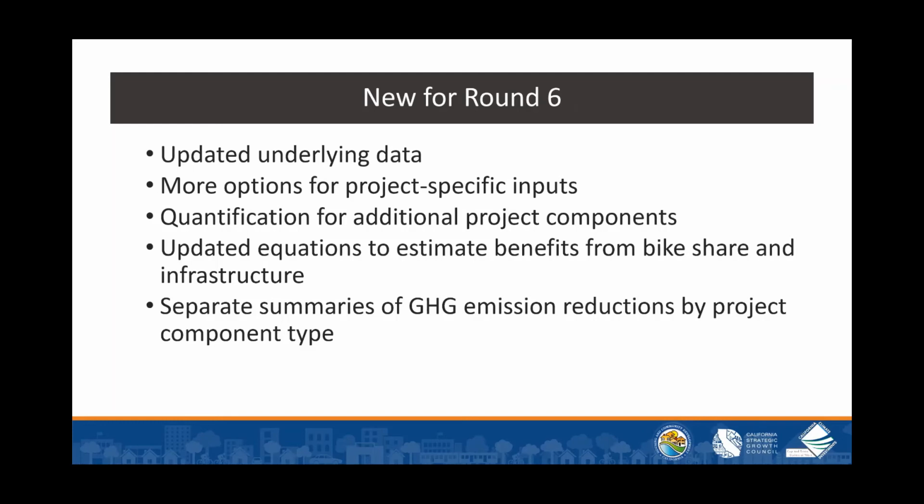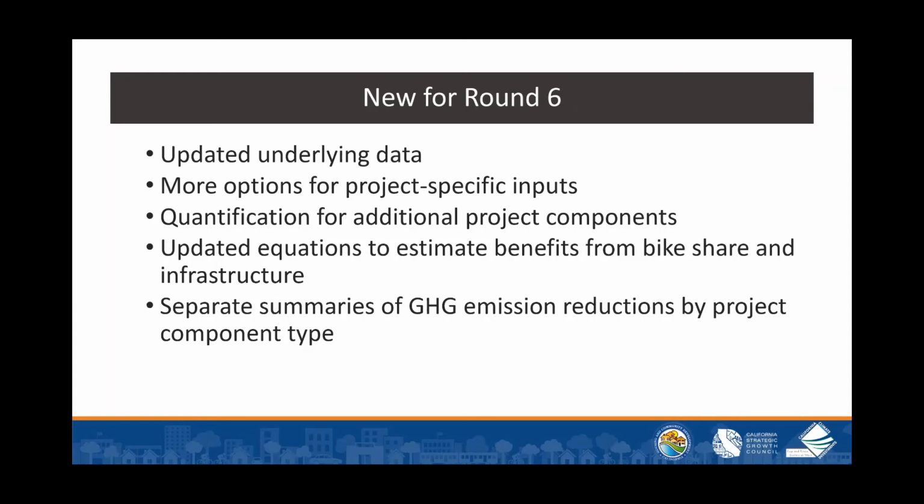Equations to estimate benefits for additional project components, such as transit fare reductions and conversion of Class 2 to Class 4 separated bikeways. Updated equations to estimate benefits from bike share and bicycle infrastructure, such as accounting for the emissions from bike share collection and distribution vehicles.